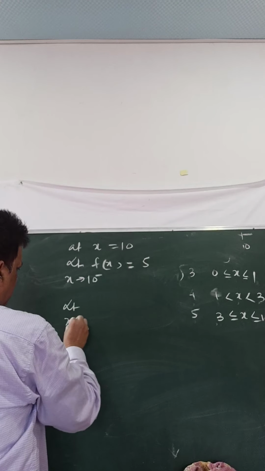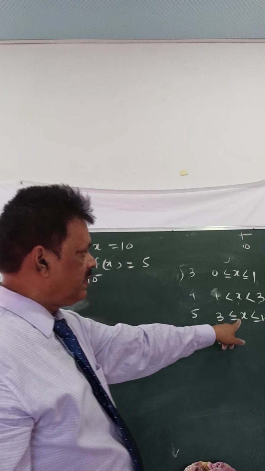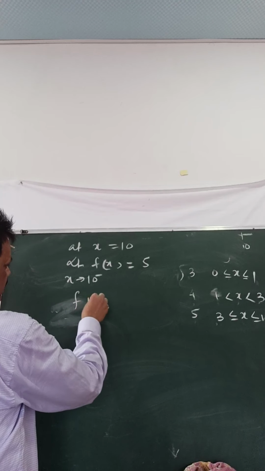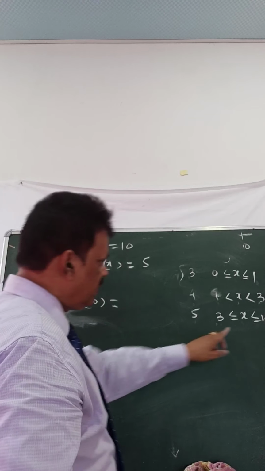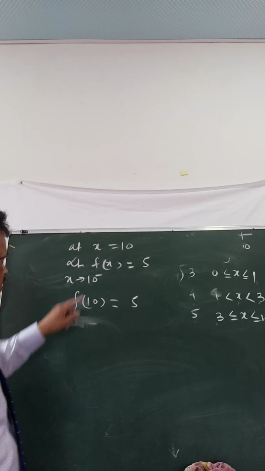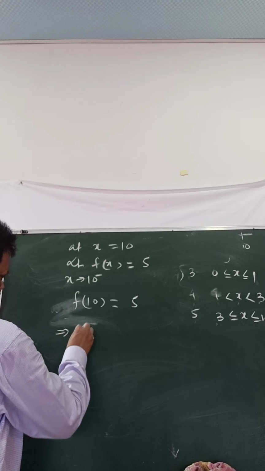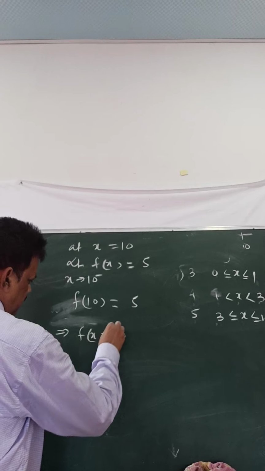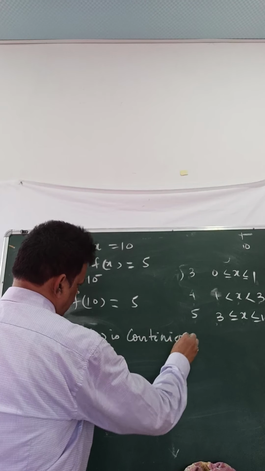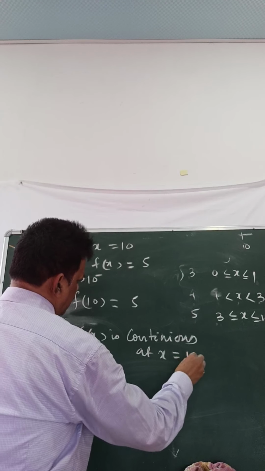Limiting value is gone because there is no right hand limit, so functional value f of 10 is also 5. So limiting value equals functional value, implies f(x) is continuous at x equals 10.